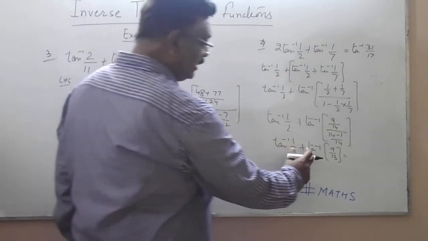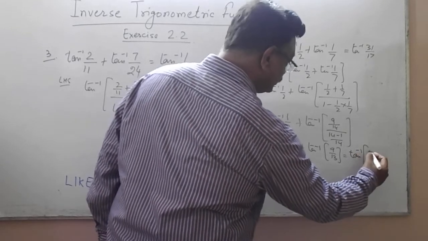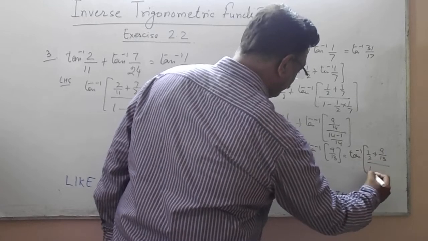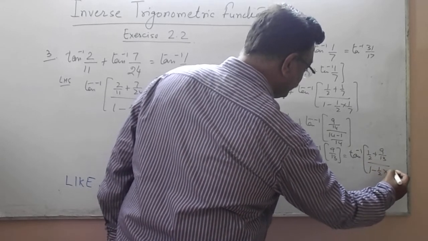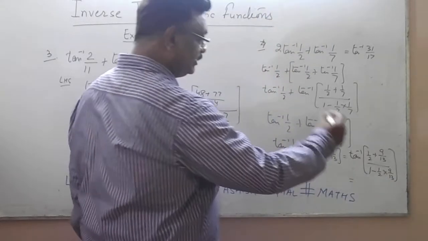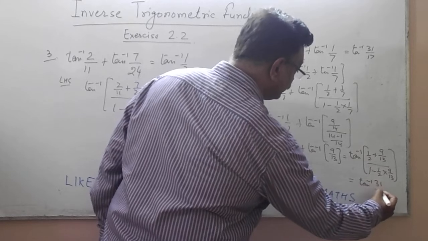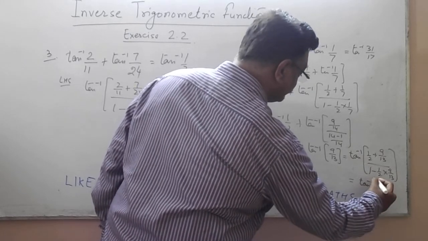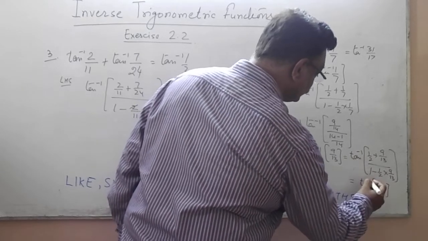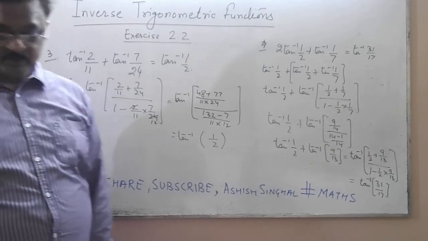So we again apply tan inverse of (a plus b) upon (1 minus half into 9 by 13), and on simplifying this we get tan inverse 31 by 17.